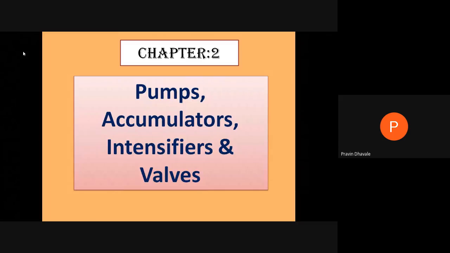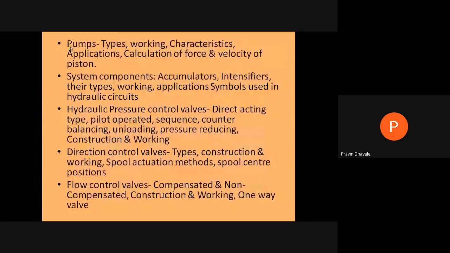So, in order to control the direction, the valves that we use come under the category of direction control valve.